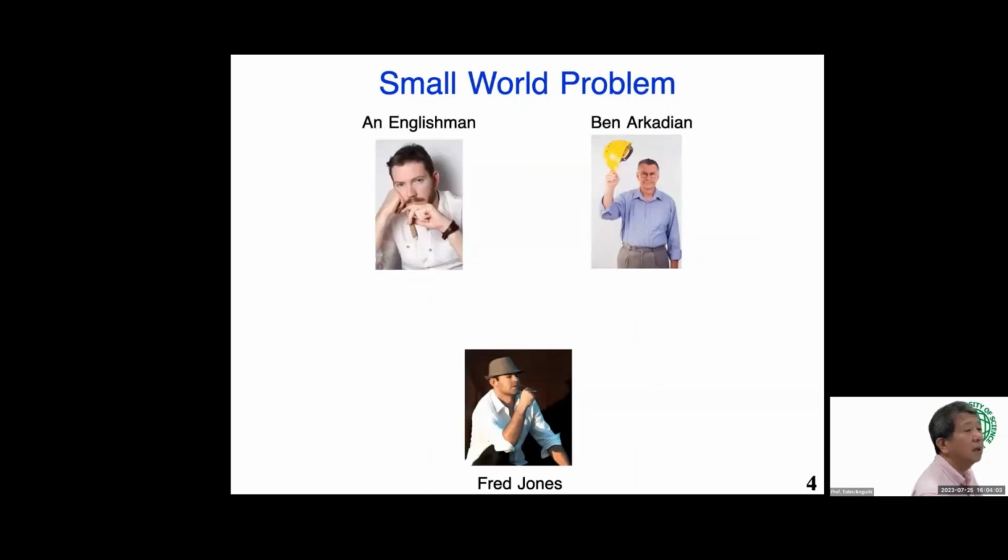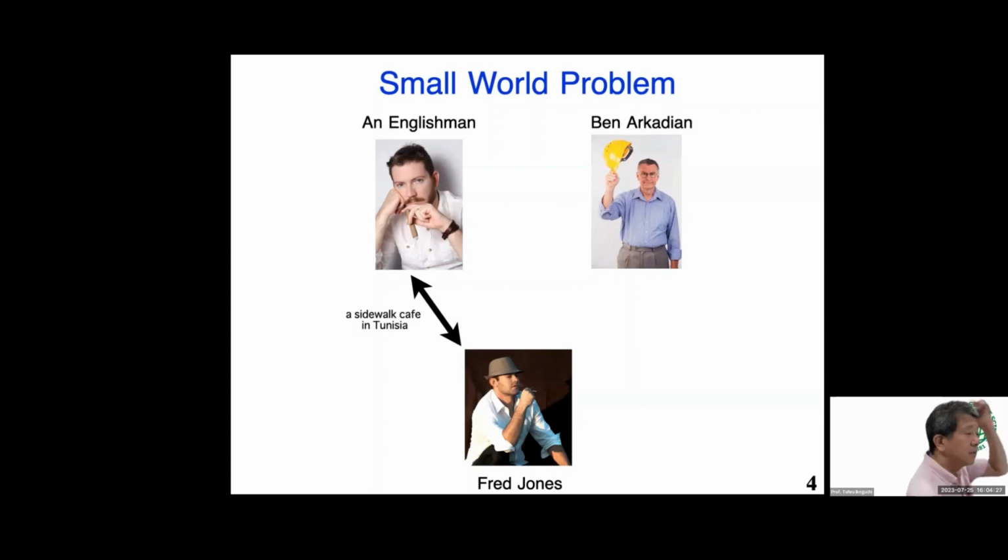Let me illustrate what I just said. There are three characters in this story: Fred Jones, an Englishman, and Ben Arcadian. Fred Jones happens to be talking with this Englishman in a cafe in Tunisia, so they became acquainted.